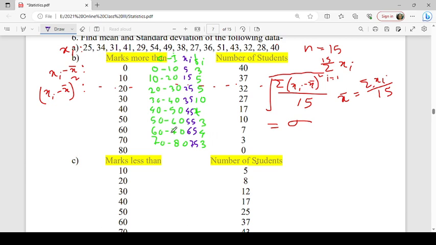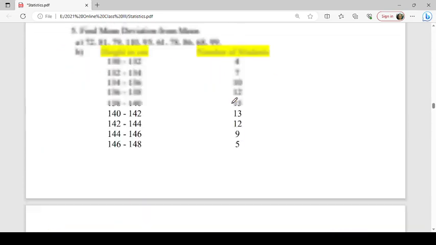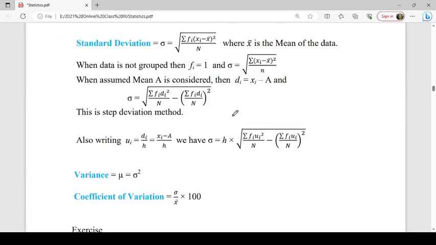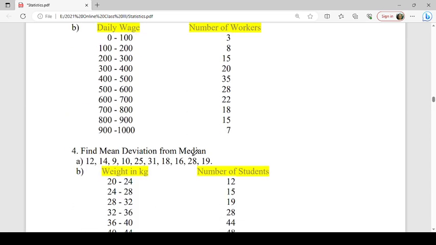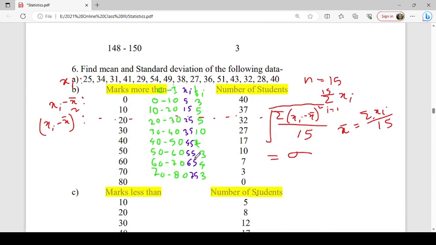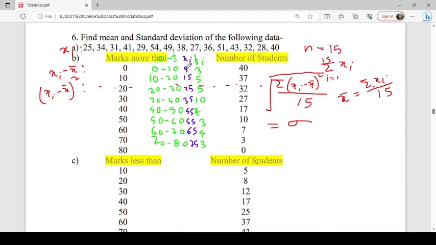Now see, we can use this formula, the step deviation method. So consider one assumed mean, capital A, from the values between 5 and 75. Suppose we consider A as 35.